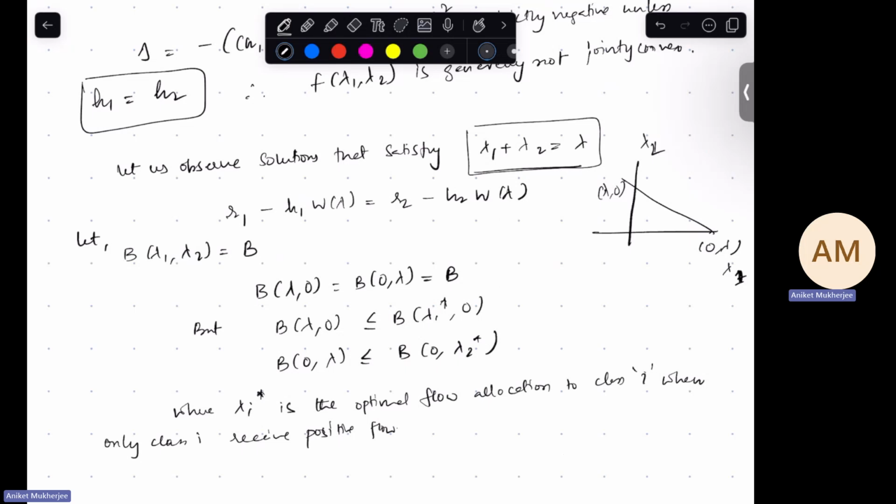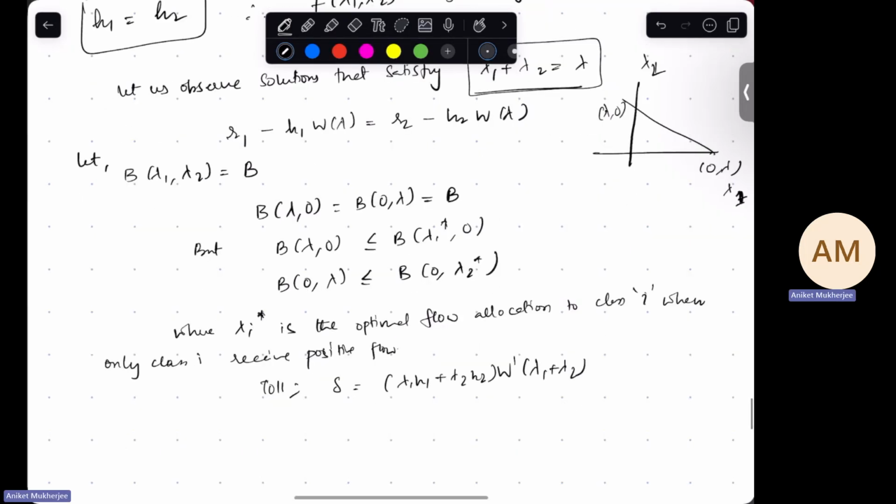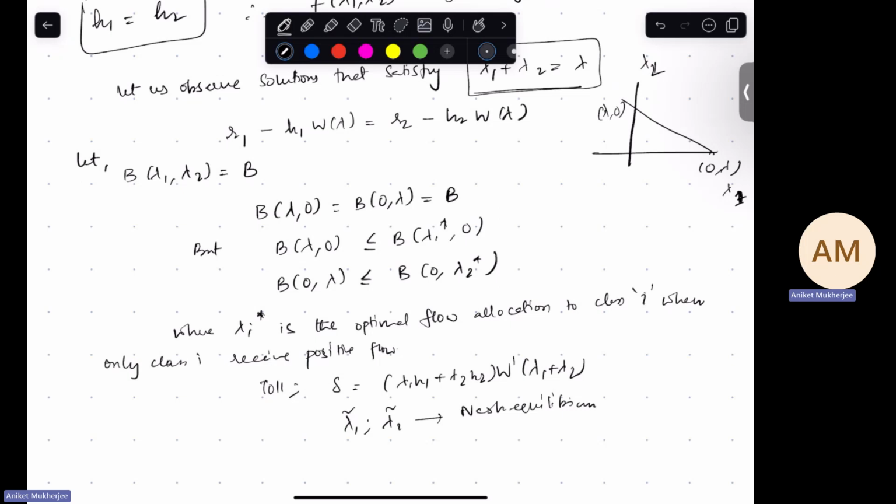Our next observation deals with the external effects, congestion tolls, and equilibrium properties, right? First, we see that charging users a toll delta per unit flow equal to the external effect, that is the delta that we have defined earlier, so toll delta equal to lambda 1 h1 plus lambda 2 h2 times w prime of lambda 1 plus lambda 2, makes the solution that we have found, lambda 1 tilde and lambda 2 tilde, a Nash equilibrium for individual optimizing customers.